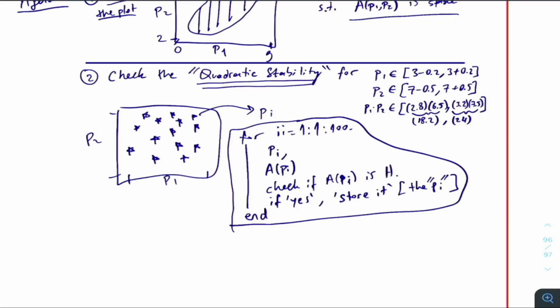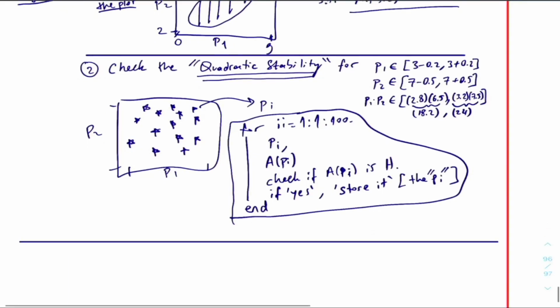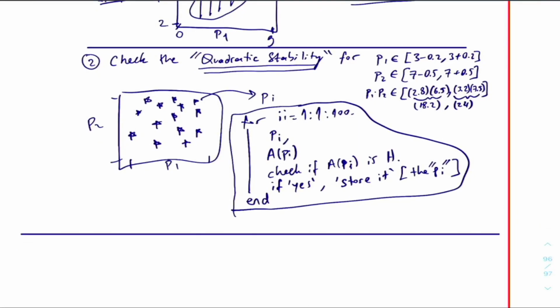Okay, let's talk about the second task, right. What is the second task? It basically says check the quadratic stability for the given system, right here. This is very small. Let me zoom in, right.